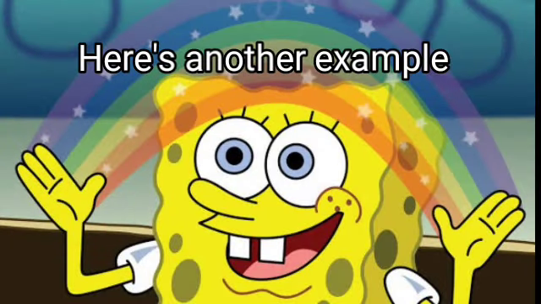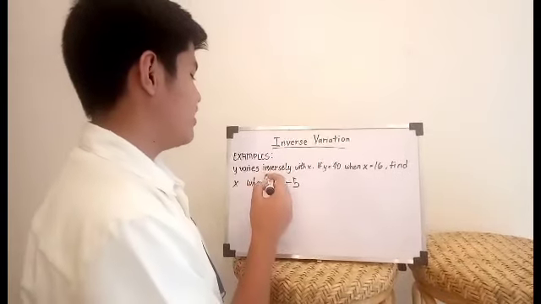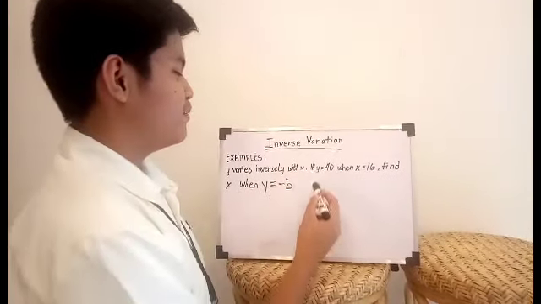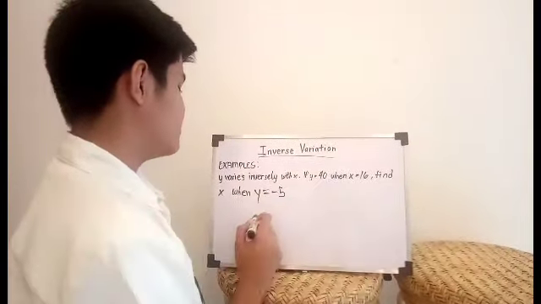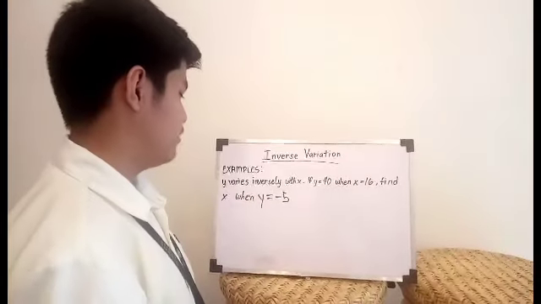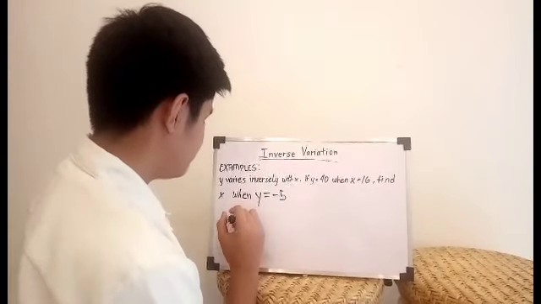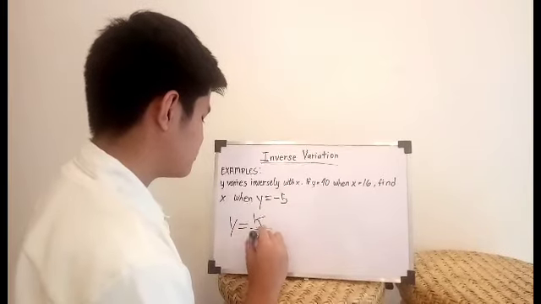Here's another example. So our next example is y varies inversely with x. If y equals 40 when x equals 16, find x when y is negative 5. So the first step is write the formula of the inverse variation, which is y equals k over x.